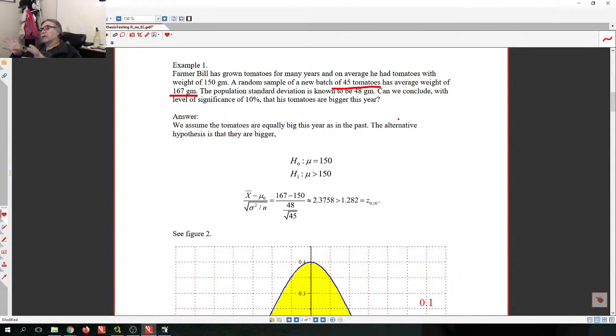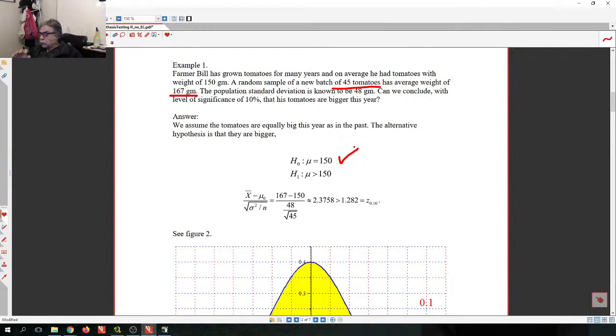So we are looking for affirmation of something, acceptance of something. Like in the previous lecture I told you, that can only be the alternative hypothesis. We're never accepting the null hypothesis. So this is the setup. The null hypothesis is that it is the same as before, meaning the tomatoes now are on average 150 grams.